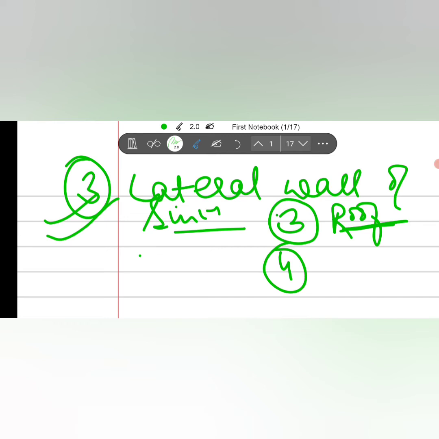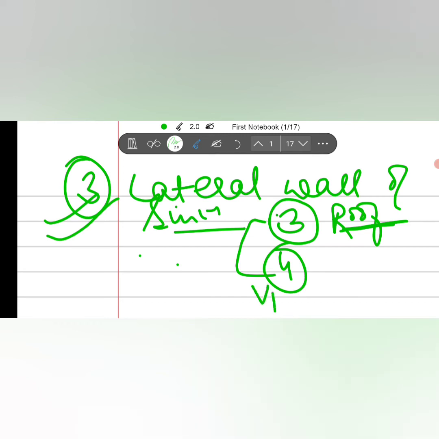Just remember, structures in the lateral wall of the sinus are cranial nerve 3, 4, V1 and V2 in order from above downward. 3, 4, V1, V2. 3 and 4 come by piercing the roof and they enter the superior orbital fissure to supply the muscles of the eye.